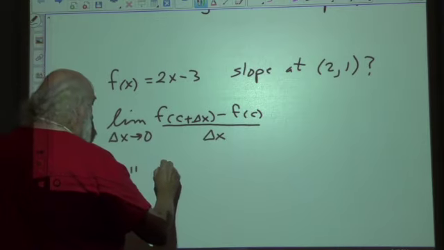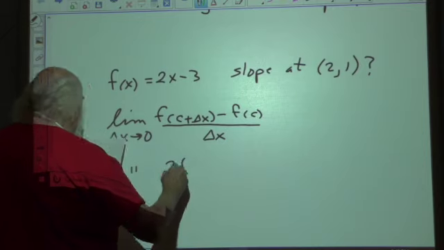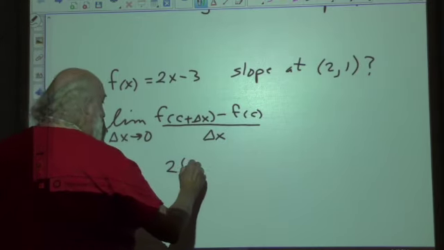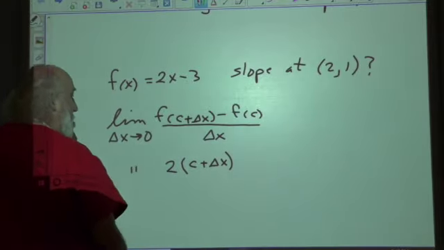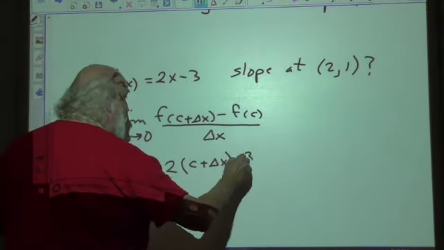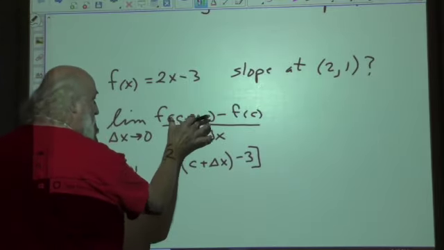So this is going to be 2, instead of 2x minus 3, I'm going to be putting in c plus delta x, minus 3. So that is what that is going to be for this part right here.